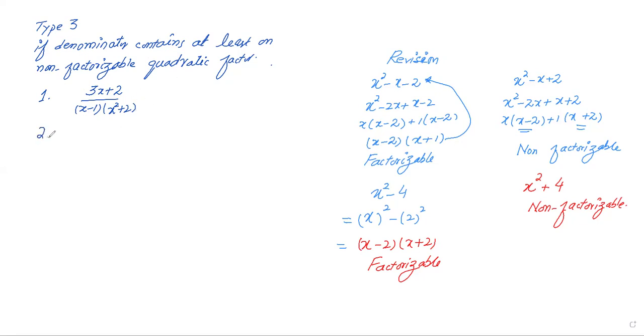Second example, 4x plus 5 divided by x into x square plus 9. Again, the first factor is linear, the simple x, and the second factor x square plus 9 is non-factorizable. That is the condition of the type 3 partial fraction.